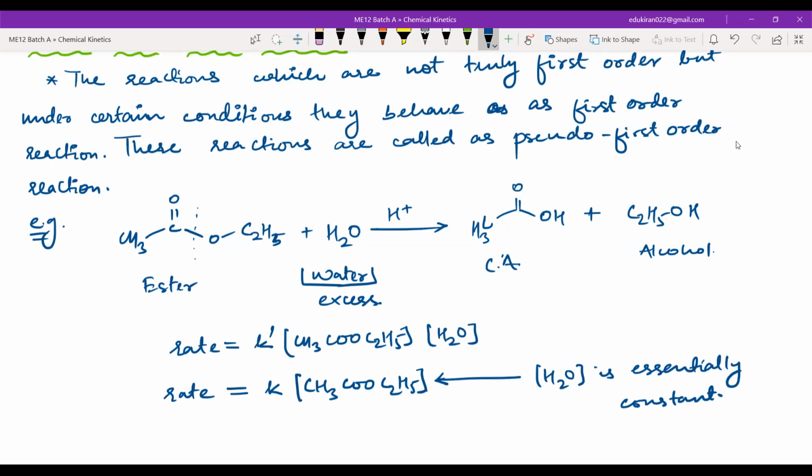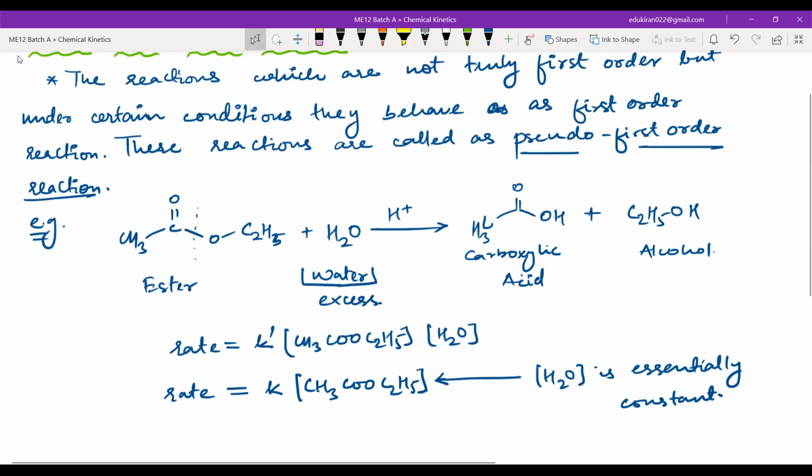Raise your hand if you're done. So what is that? Carboxylic acid. Second school. Now you have to scroll up. This is the pseudo first order reaction. That's it.